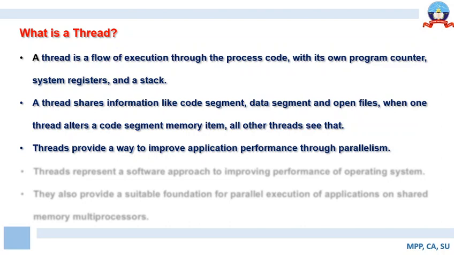Now if threads exist within the process, individual threads can be assigned the responsibilities A, B, and C. Threads will then be able to attain the set objectives in a lesser time period. That is basically how a thread works.